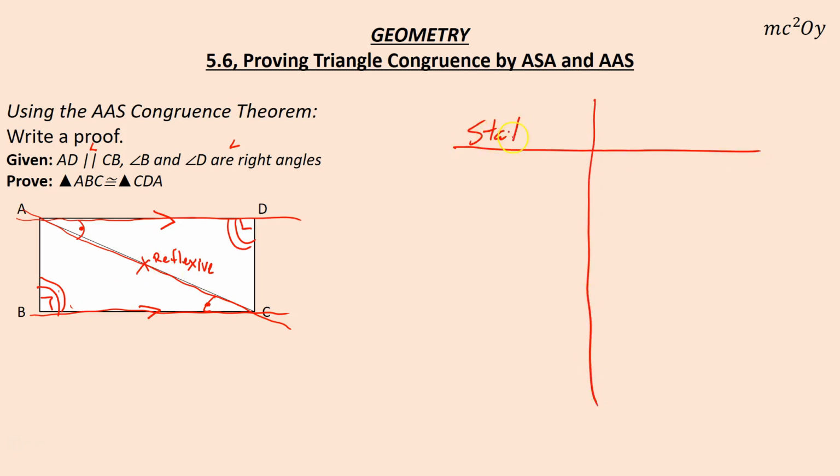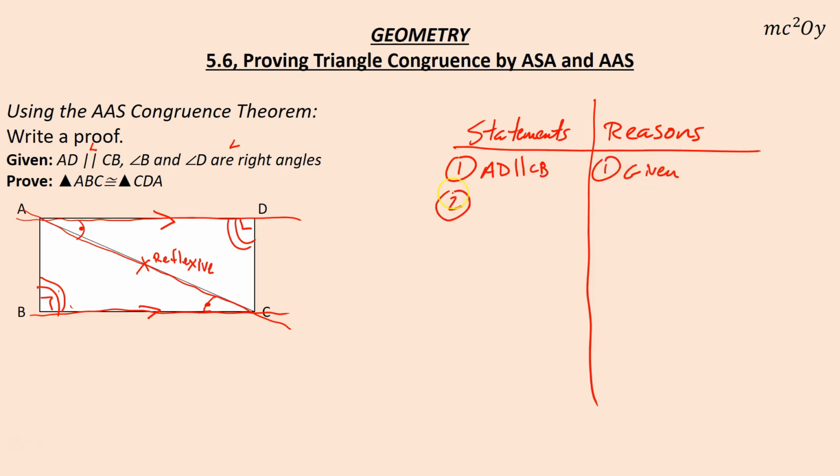Here are my statements. Here are my reasons. Number 1, AD is parallel to CB, not E, CB. That is given.